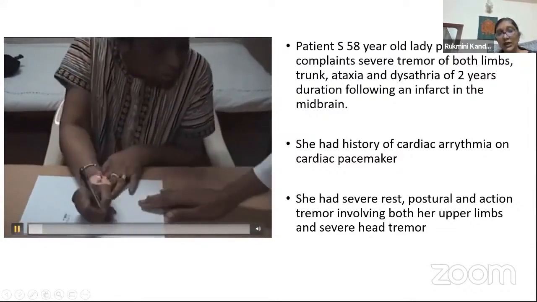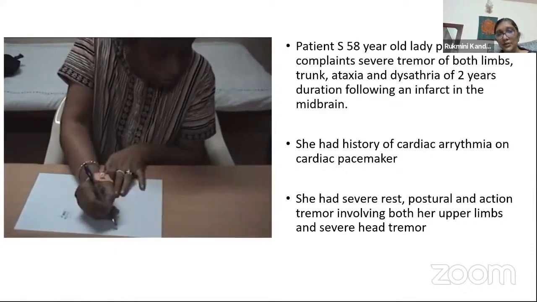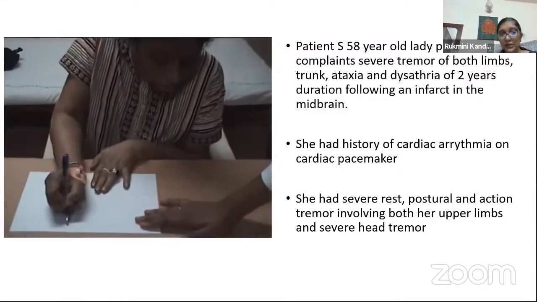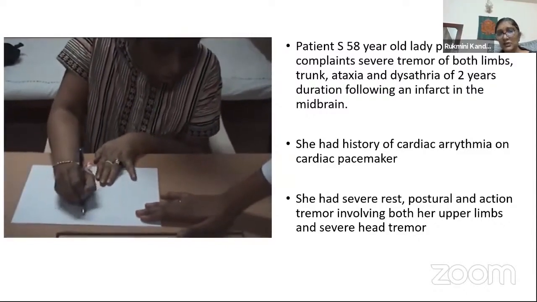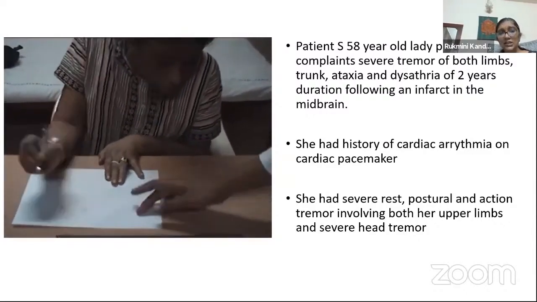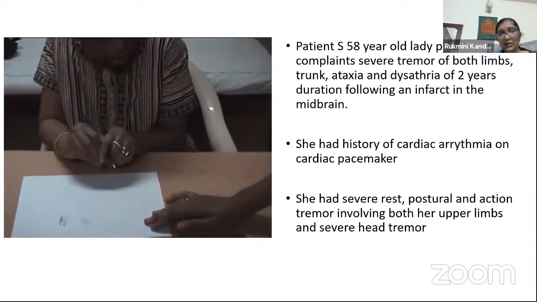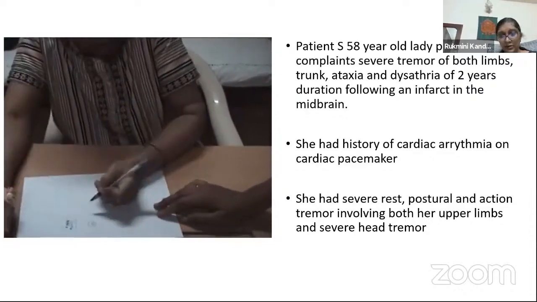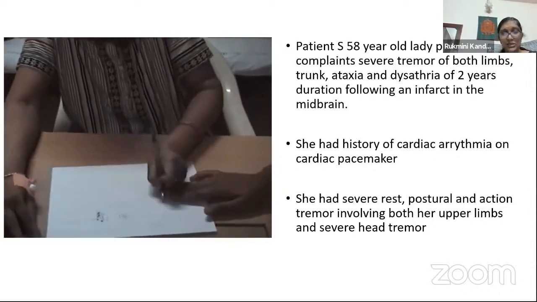This was one patient who had a stroke after a cardiac pacemaker was placed because of a cardiac arrhythmia, and she had a midbrain lesion and was severely having a tremor on both sides. Again, in the old parlance, this would be called a rubral tremor. Now the terminology has changed.